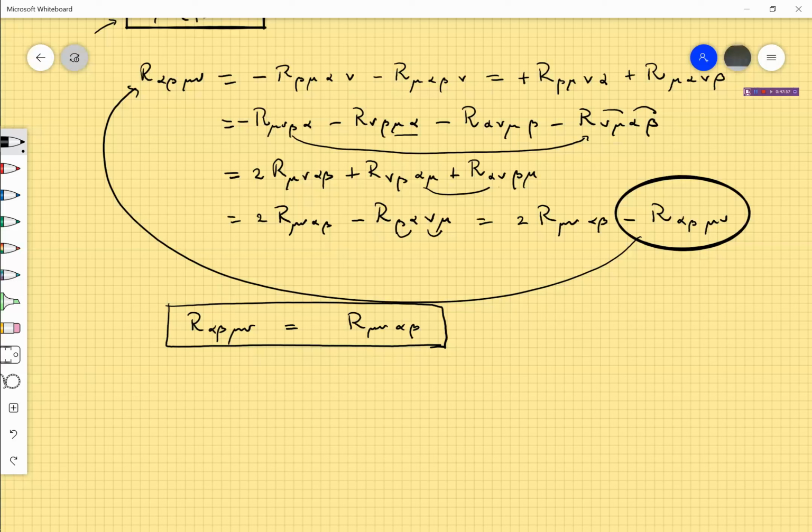Well, now we have determined many symmetries of the Riemann tensor. One of the consequences of having all these symmetries is that only a few components will be really independent. There is a great redundancy in the description of the independent components of the Riemann tensor. So how many independent components are there? Well, let's compute this in d dimensions.